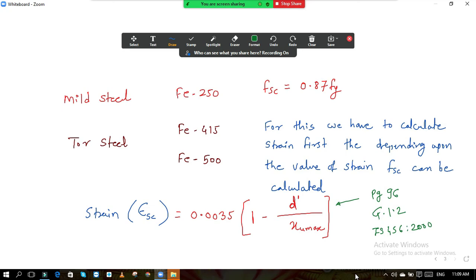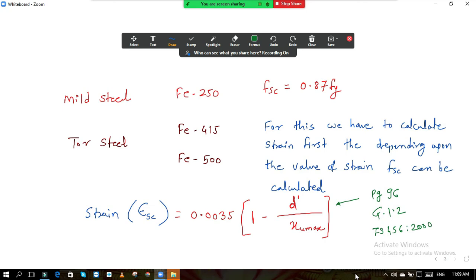So basically understand this. If Fe415 and 500 steel is given in a problem and I have to find FSC, why do I need to calculate FSC? Because the formula for Cu2, that is the compressive force, is FSC into ASC. So unless I know the value of FSC, that is the stress in steel in compression zone, I cannot calculate the compressive force.